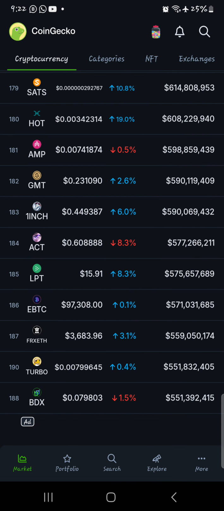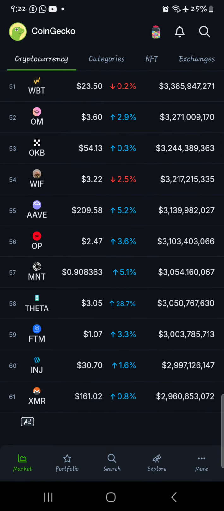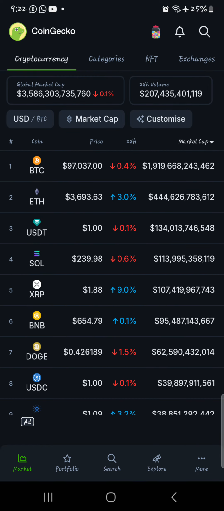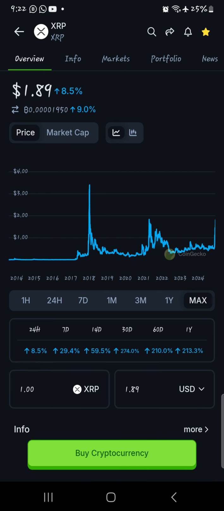Okay, let's look for a coin that has seen at least 2 bull runs. Let's say Ethereum, right? Or BNB, I don't know. Let's see XRP. Now, these guys have been suffering.